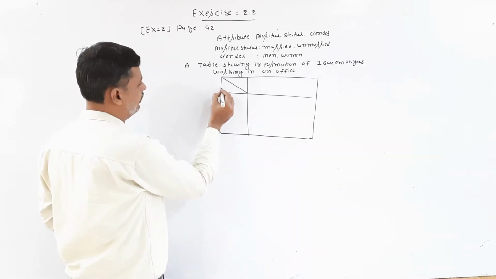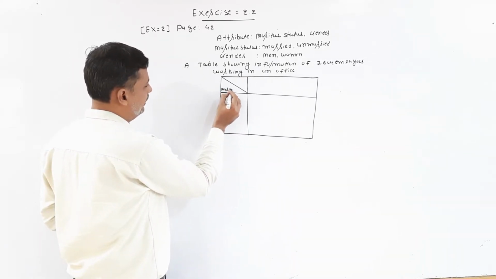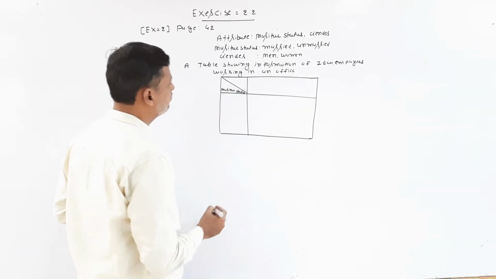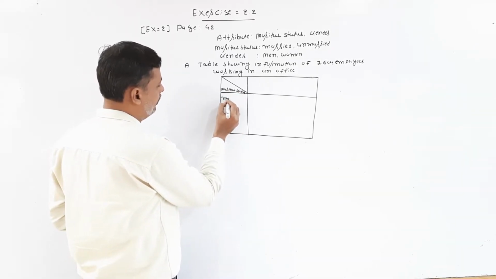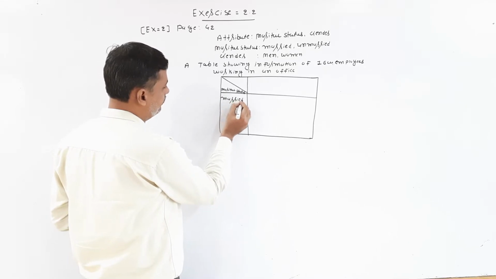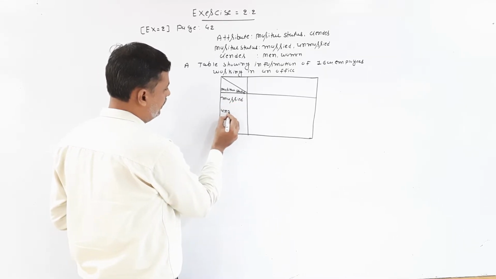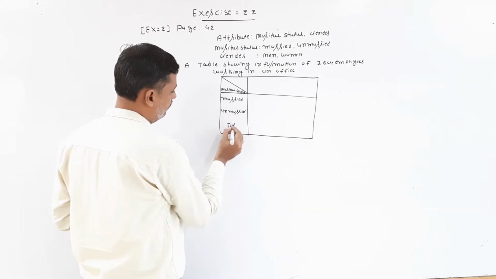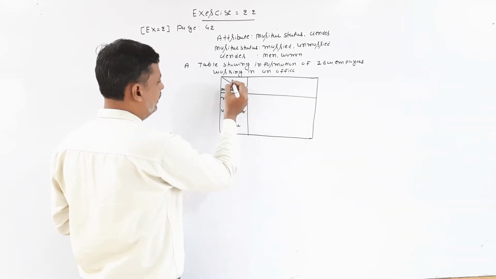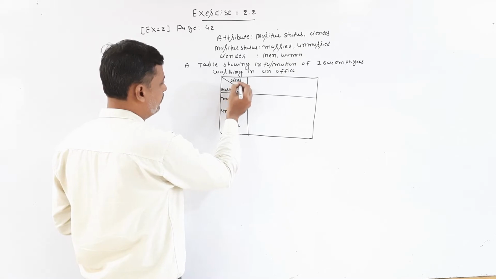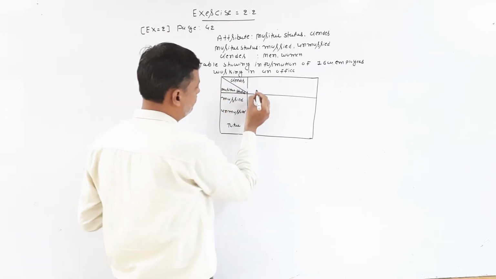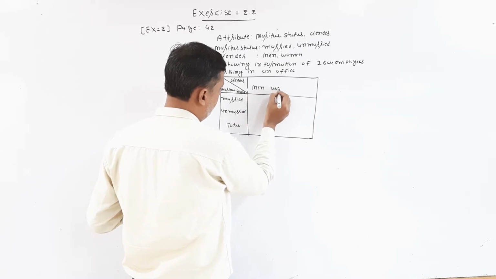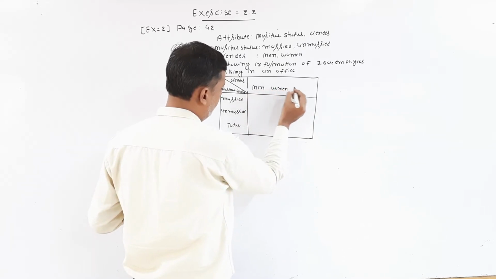So here marital status: married, unmarried, total, and here gender wise information: men, women, and total.